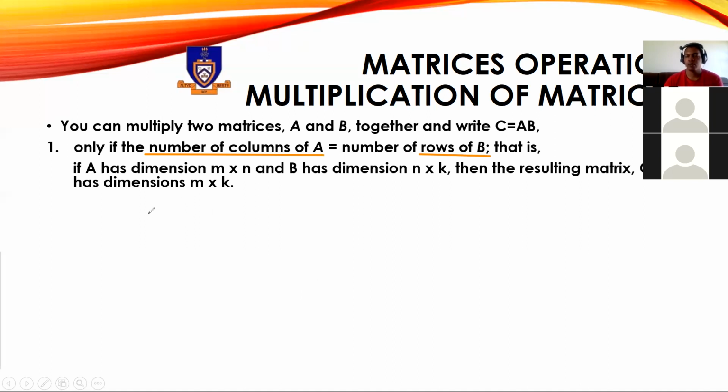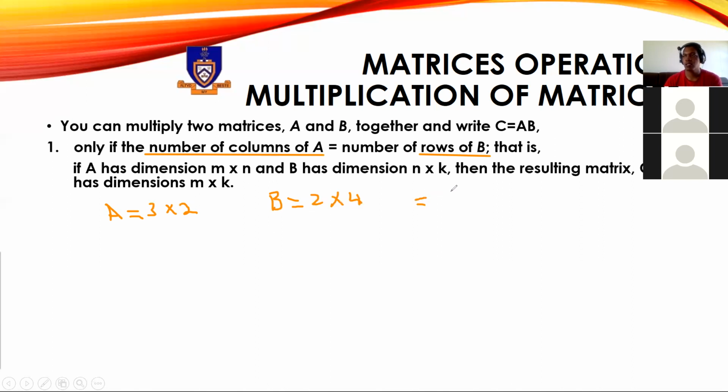Okay, let's break this down. Let's say we have a matrix A, which has a dimension of 3 by 2. And then we have matrix B, which has a dimension of 2 by 4. Now let's also have another matrix.